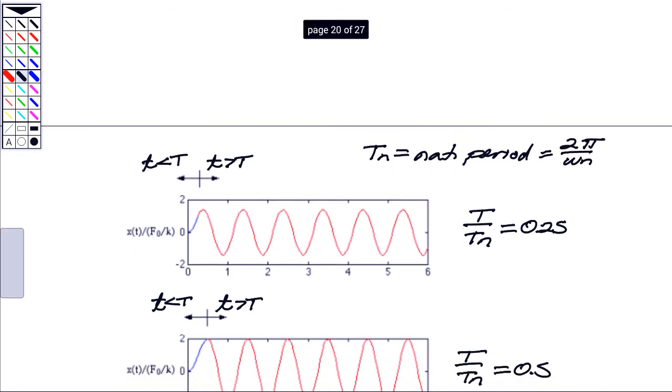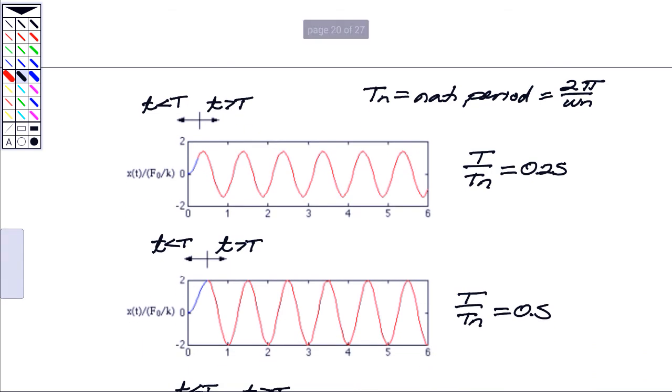And what I have in the first picture is when the ratio of the time duration T is a quarter of the natural period of the free oscillation.